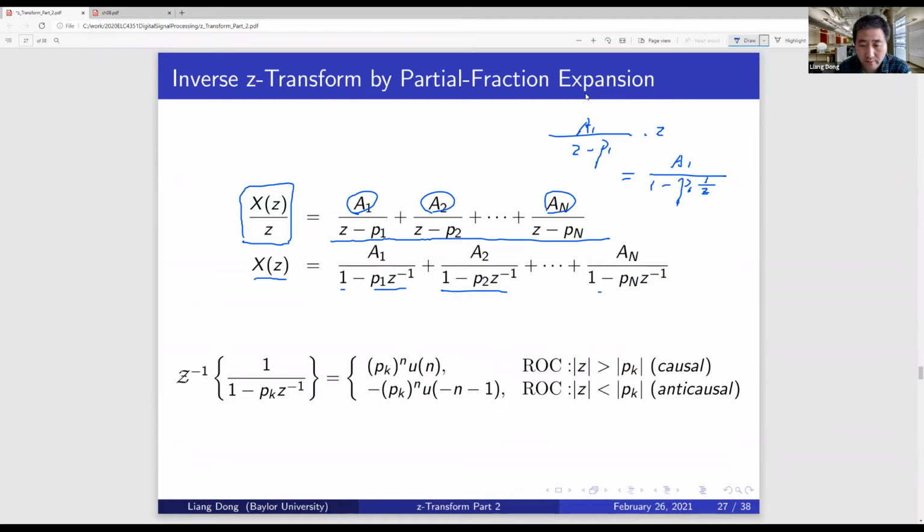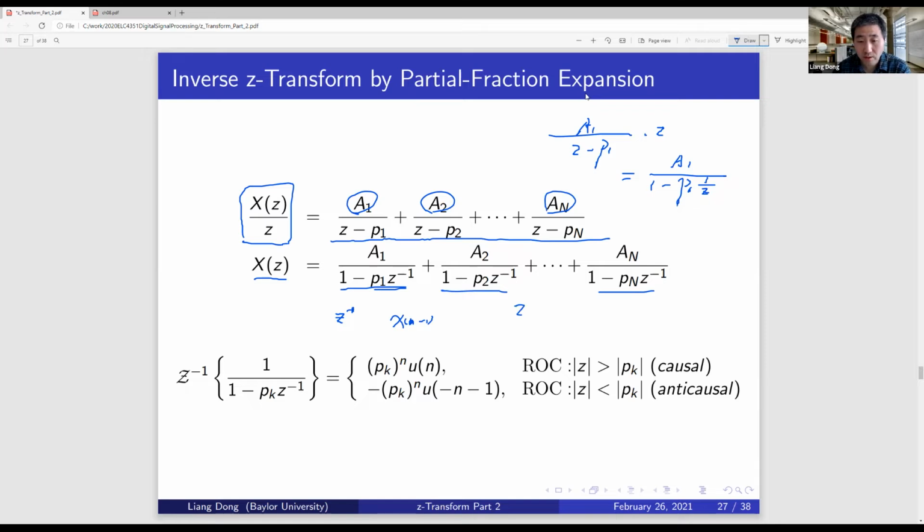Similarly, we have these. Now this looks very nice because for the z transform, we usually like to represent it as a function of z to the power negative 1. And why do we do that? Well, the physical meaning is that z to the power negative 1 is a one-time unit delay. So whatever you have becomes x of n minus 1. Delay is easy to understand because you can store this value.